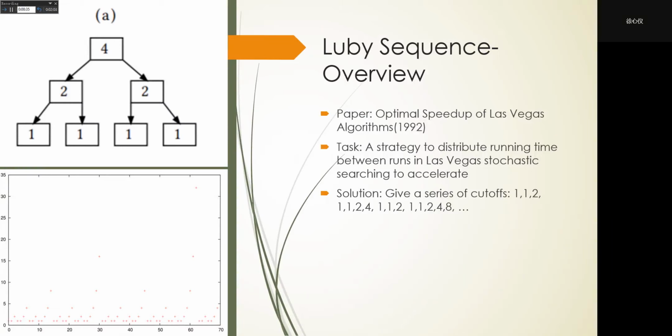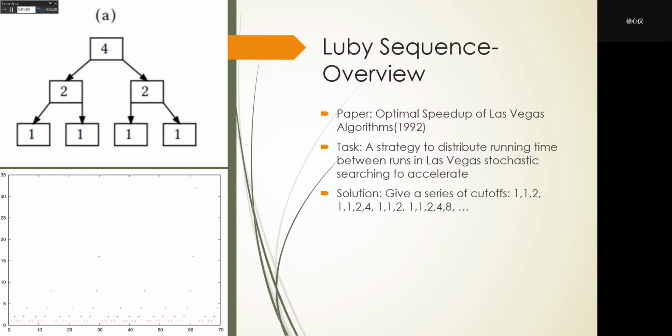You must make sure that one time unit is larger than the minimum time required for the search. Then you first run one unit time, and then you run another one unit time, and another 2 unit time.